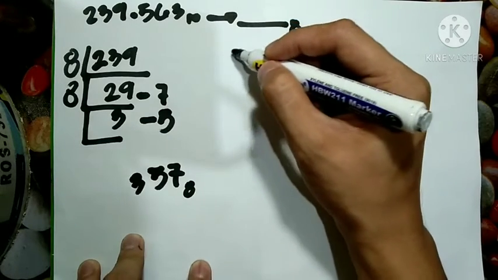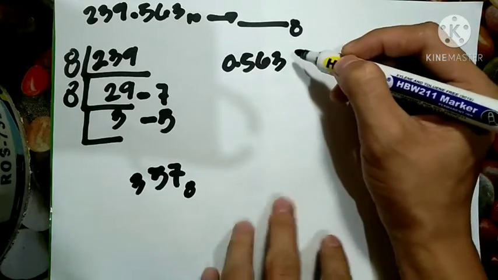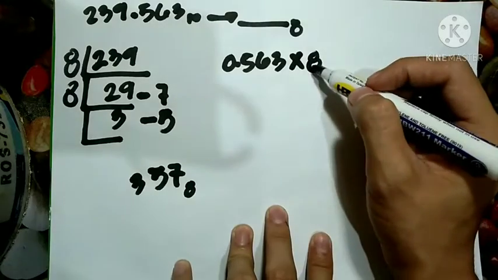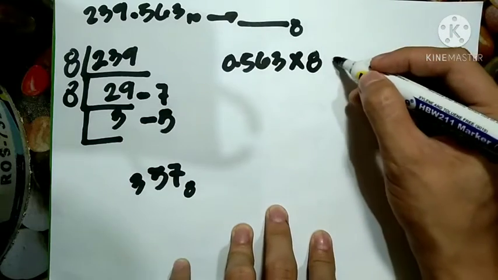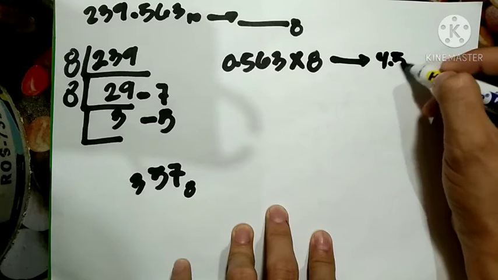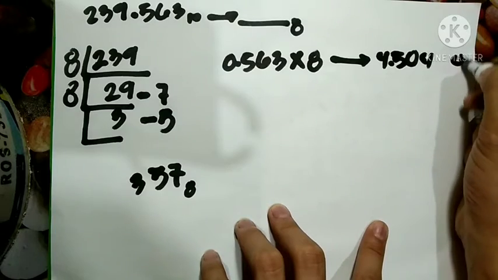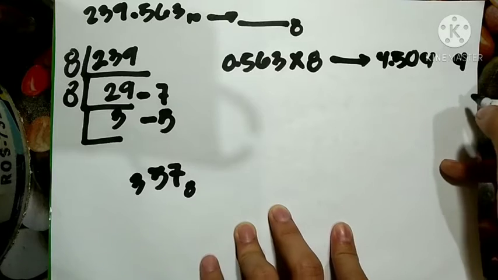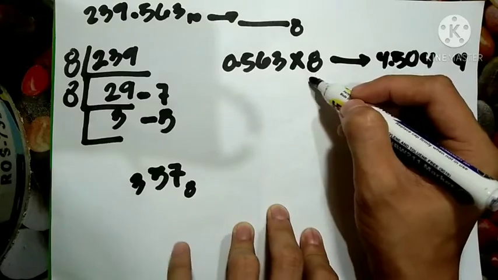Then let's go to the fraction number. Let's multiply 0.563 by 8. Again, we need to multiply it by 8 because our answer must be in base 8. The answer is 4.504. We separate the integer from the fraction because we will use this as our answer. And again, multiply the fraction by 8.